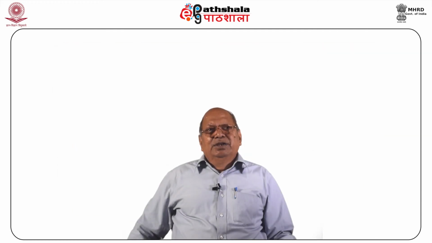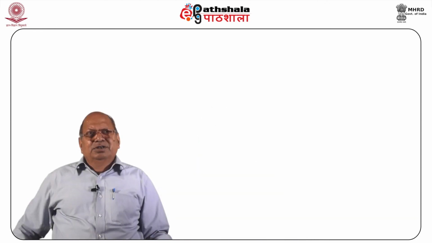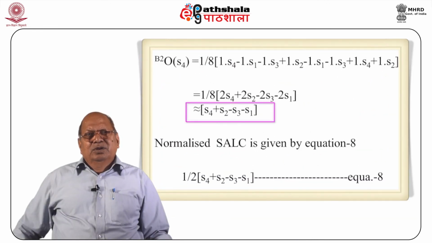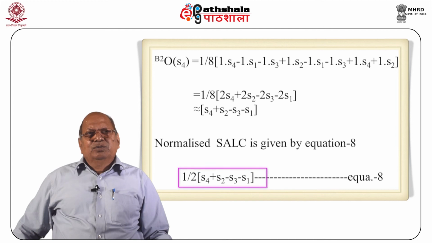Just by completing the full projection operator we get the result as S4 plus S2 minus S3 minus S1, or the normalized SALC is given by equation, S4 plus S2 minus S3 minus S1.